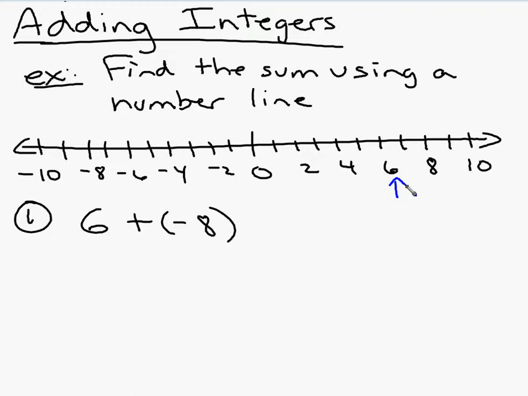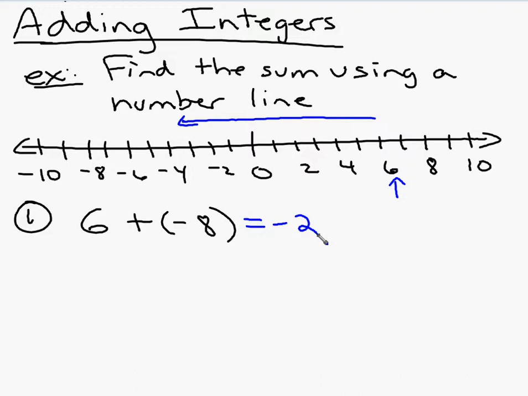Okay? So I'm starting at 6. But I'm adding a -8. So if you're adding a negative, you're going to go to the left 8 units. Okay? So where would I be if I went 8 units to the left from 6? I would be at -2.